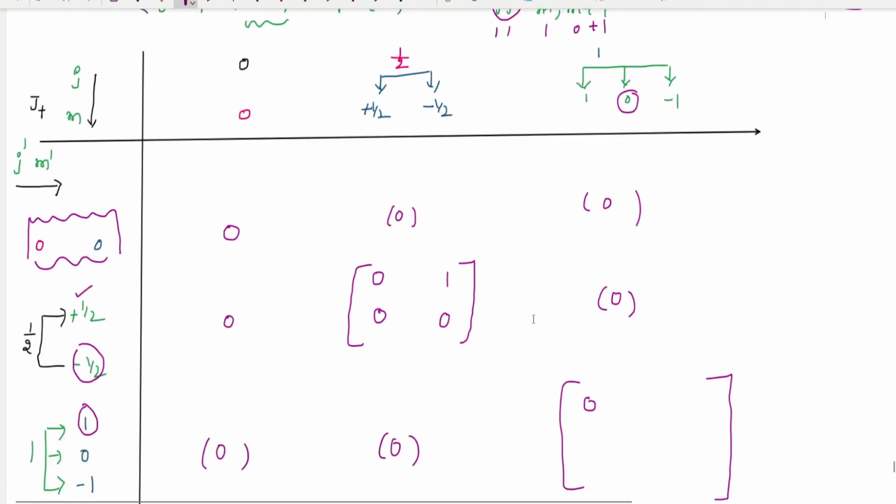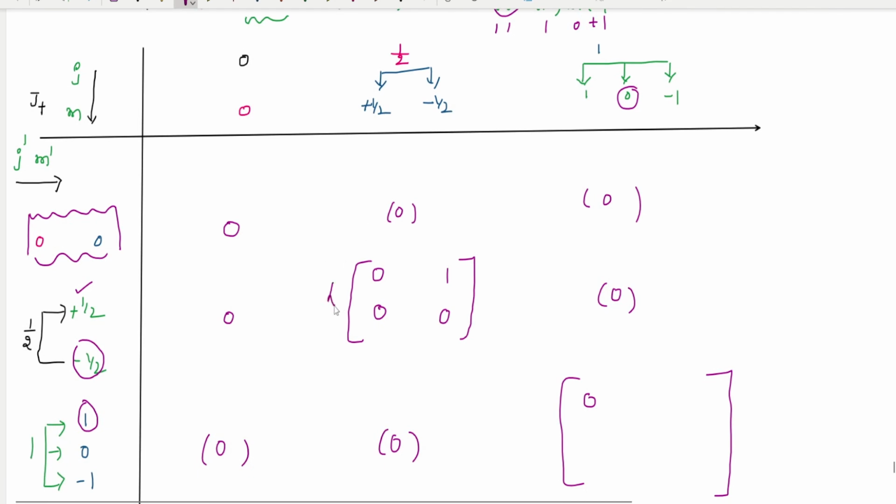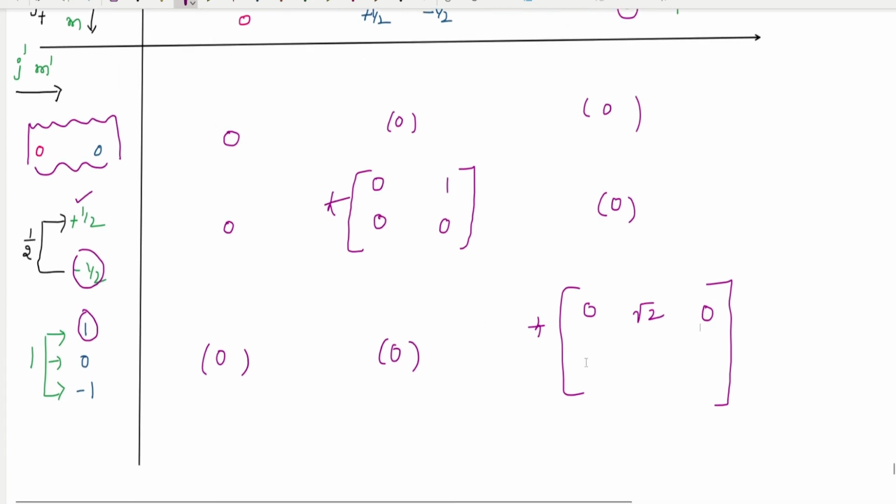If you want to use h cross, you can put it here and here as well. This is root 2. Like that, you can check all the conditions. You may get these things easily. In case you can't get any matrix, try to comment below, and I can show you the proof. This is root 2, and all the other things are 0 because a 1 minus matrix never exists.